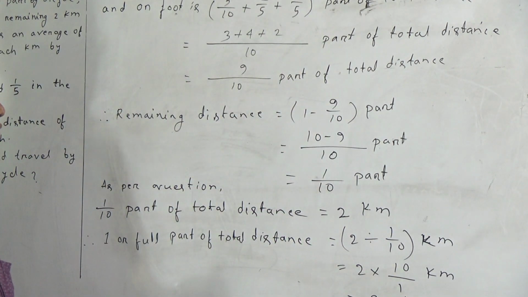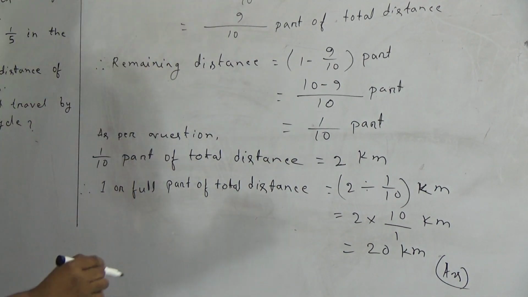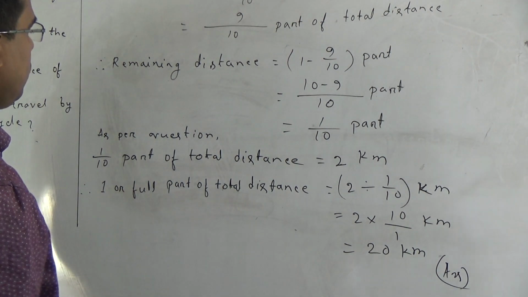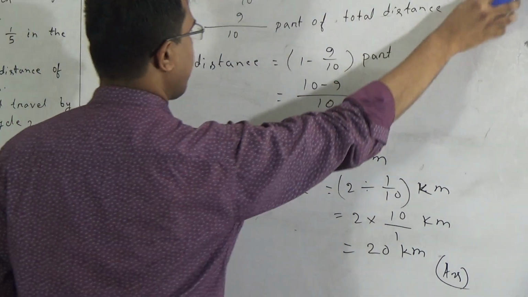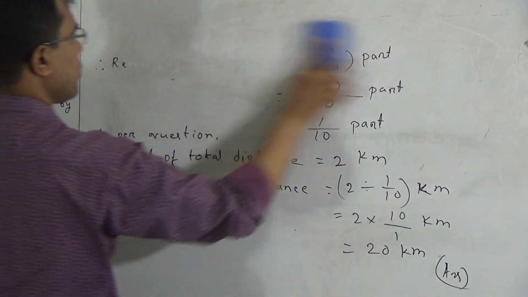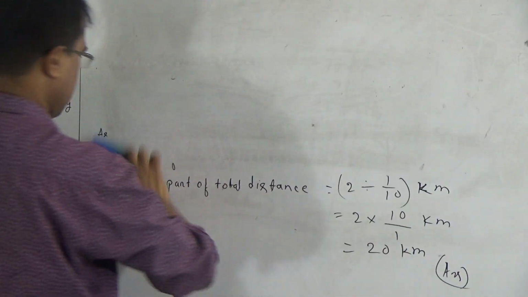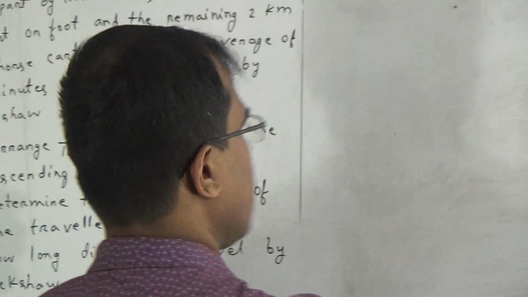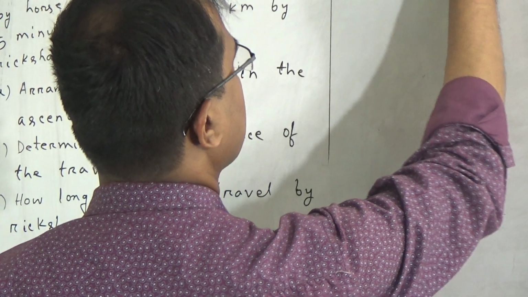Okay, dear students, we have finished B number. It was the solution of B number. Now we'll solve C number.